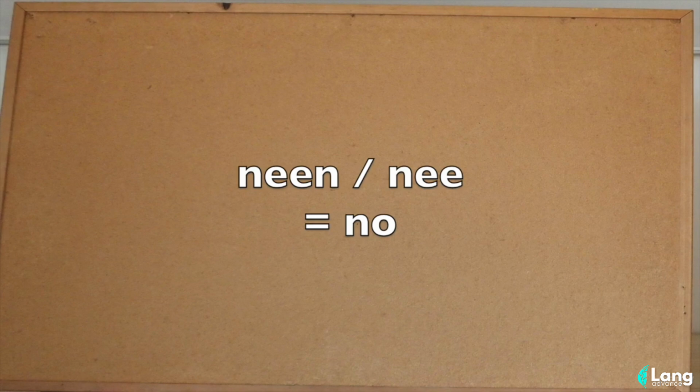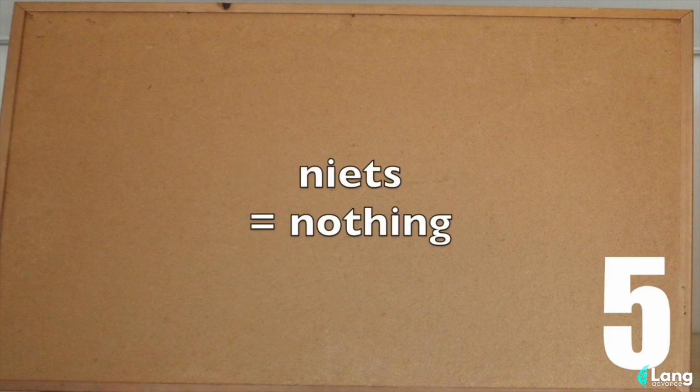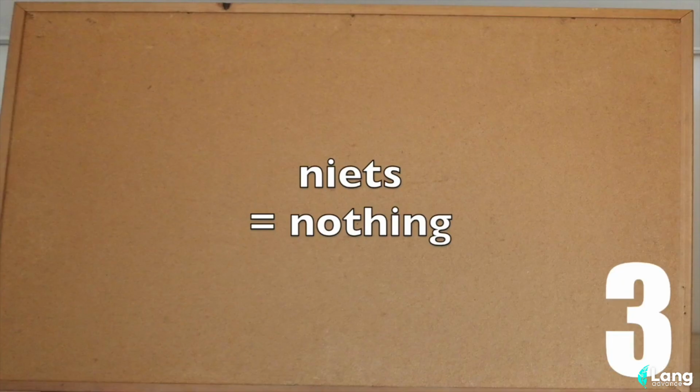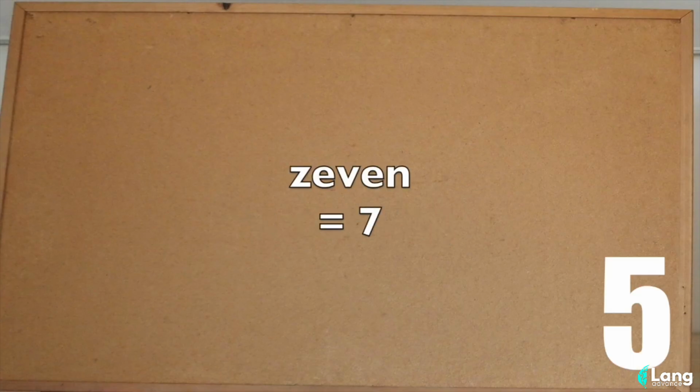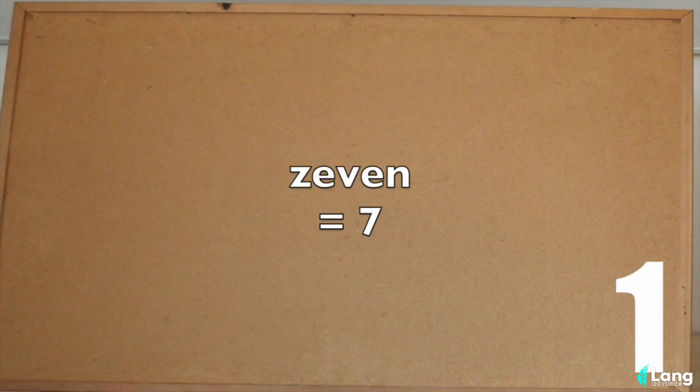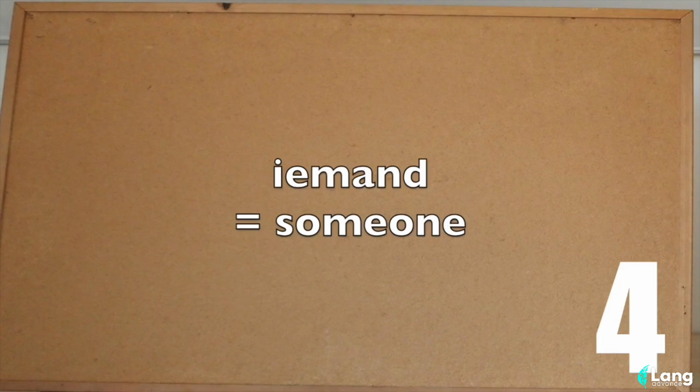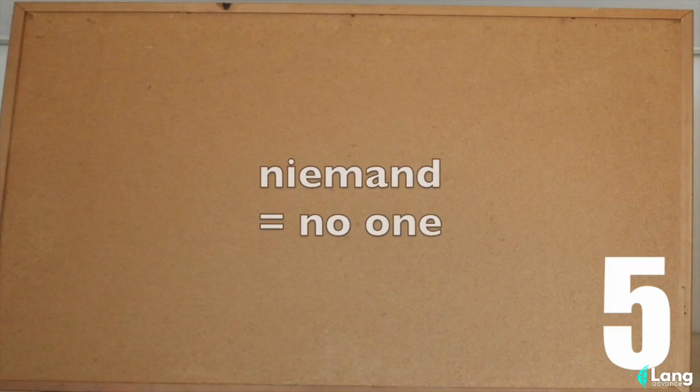Neen or nee means no. Niets means nothing. Zeven means 7. Iemand is someone.